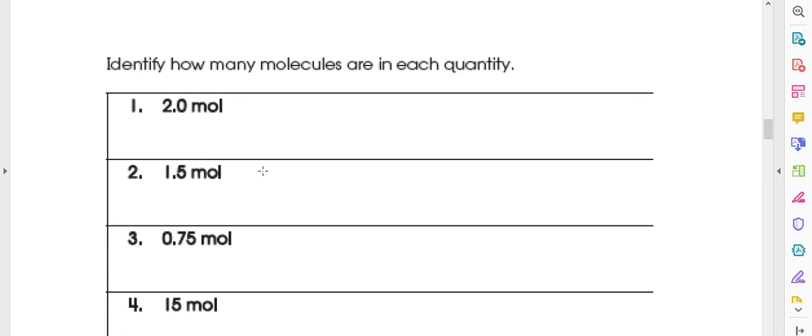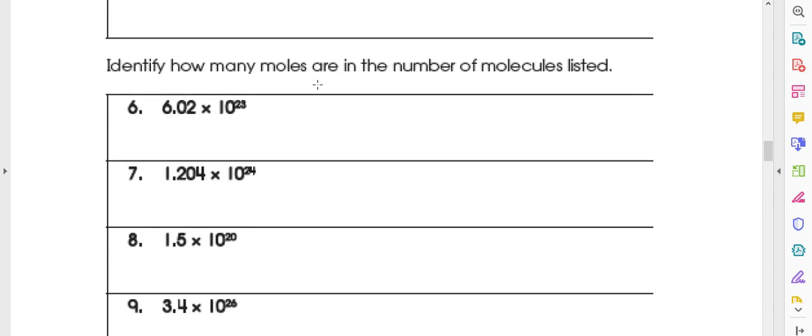Here, how many molecules are in each quantity? Well, here I gave you moles. I'm going to use the other triangle formula now to solve for the number of molecules. Bang, bang, bang. How many moles are in the number of molecules listed? So here I've given you the number of molecules. How many moles are in those?